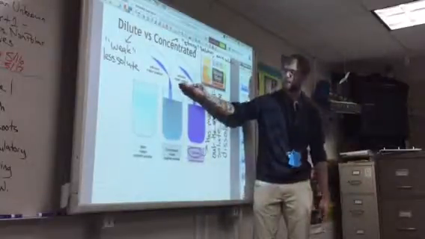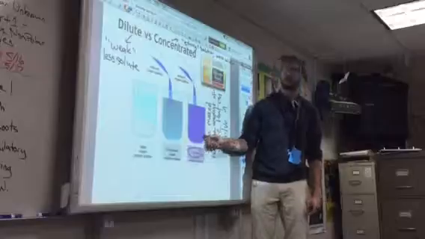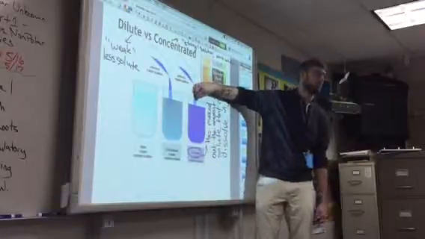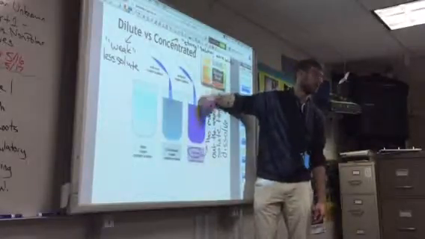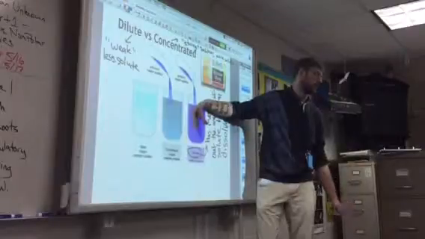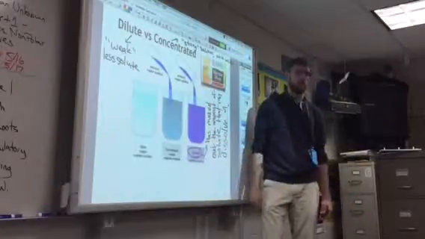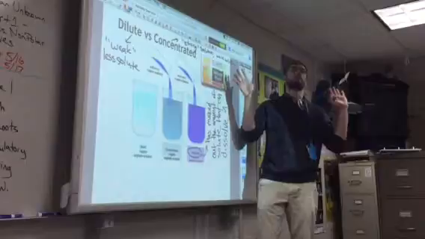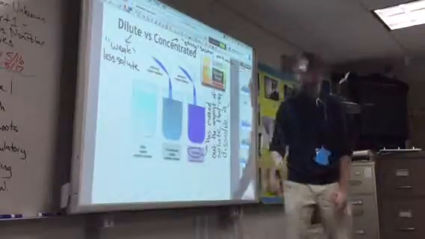If this is a saturated solution of copper sulfate, if I add one more crystal of copper sulfate and I stir and stir and stir and stir, what's going to happen to that crystal? It's just going to sit right there on the bottom. Because the solution is full up. It can't take any more.